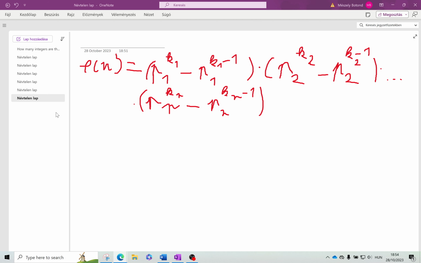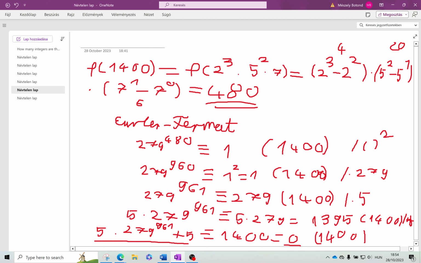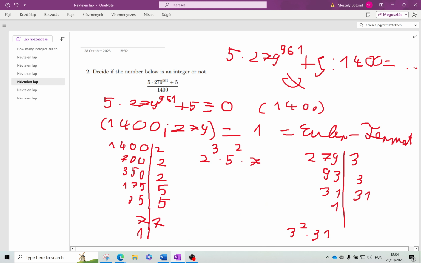Yeah, that's why we put it here, 7 to the power of 1, because 1400 is 2 to the power of 3 times 5 to the power of 2 times 7, and this, if you calculate it, will give you 1400, and it's only prime numbers, so we did a good job.